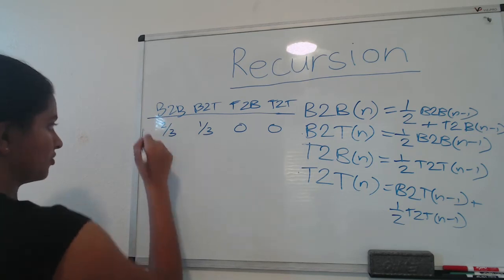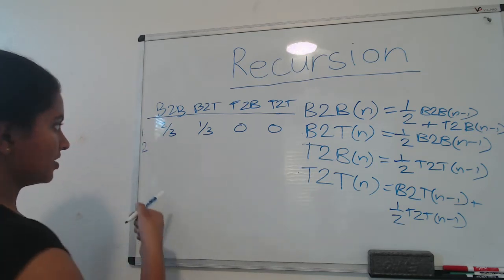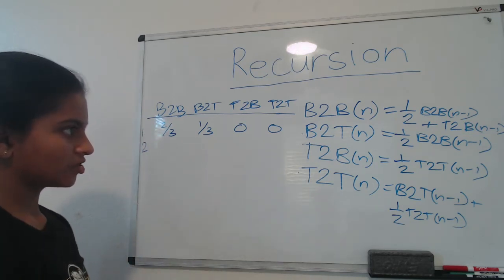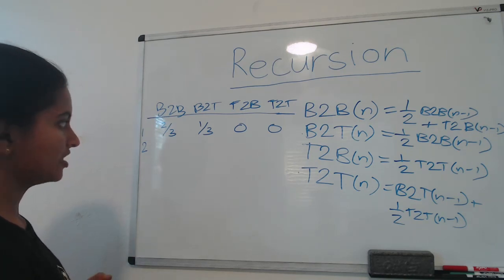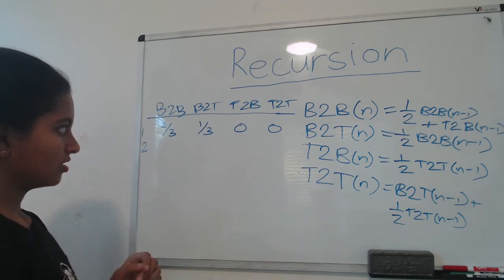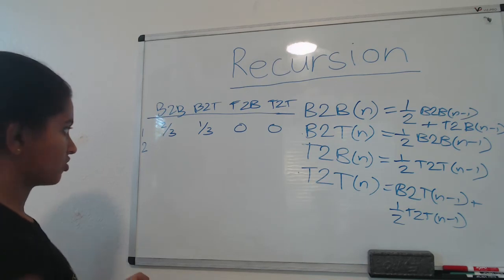Now after the second move, what's the case? b to b of 2 is going to be equal to 1/2 of b to b n minus 1 plus t to b n minus 1.